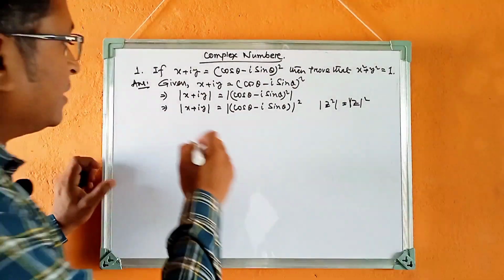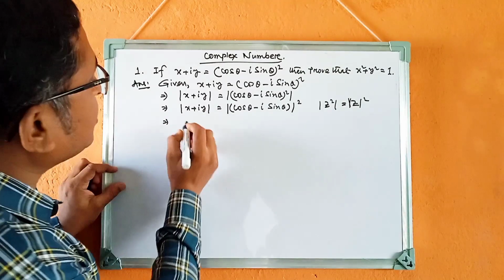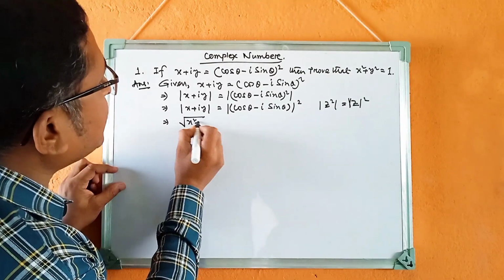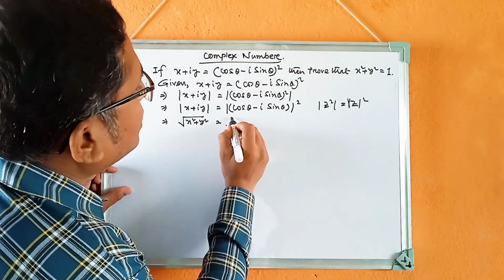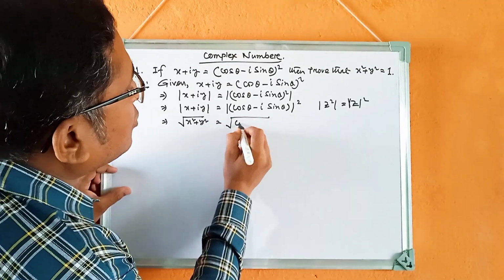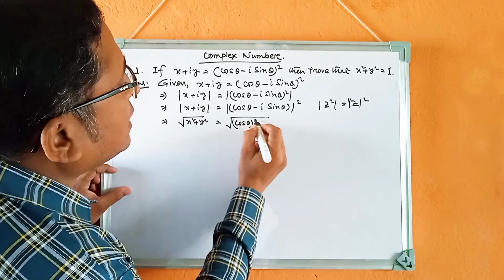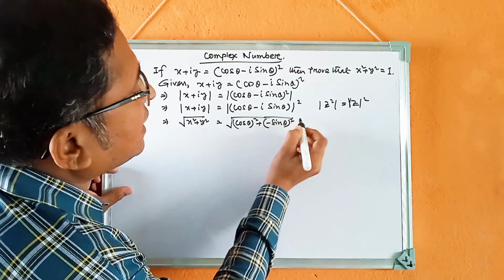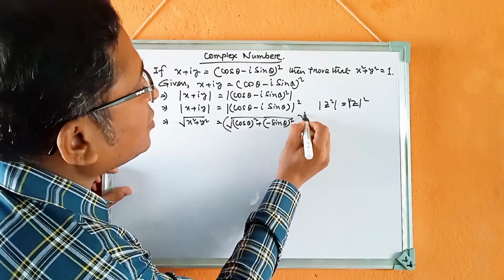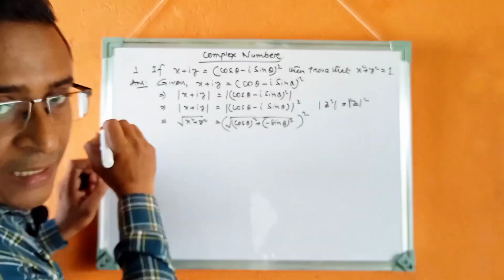Now what do you mean by mod of x plus iy? That is root over of x square plus y square. Now see the second one: root over of cos theta whole square plus minus sin theta whole square. After that give a whole square, because there is whole square.